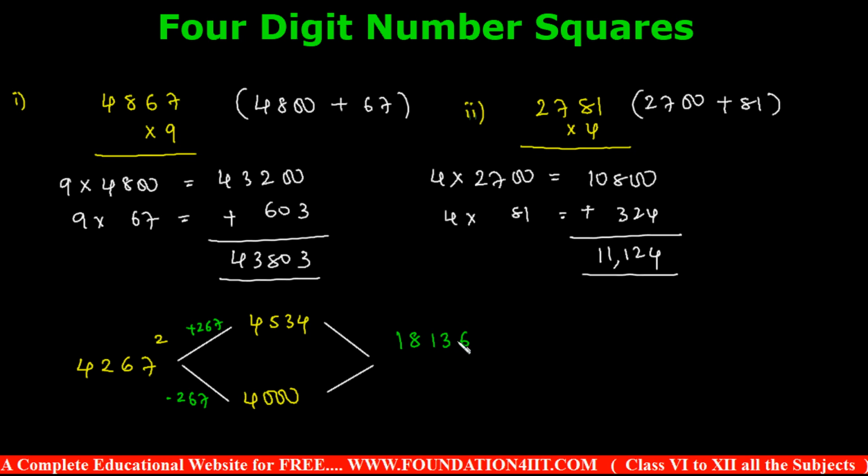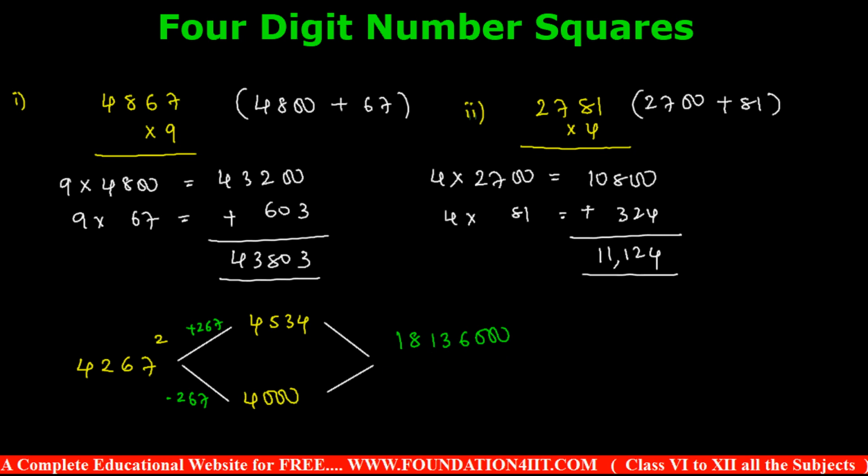There are 3 zeros, because we multiply with 4000, so you keep the 3 zeros. Up to here, 4534 into 4 is 18136.